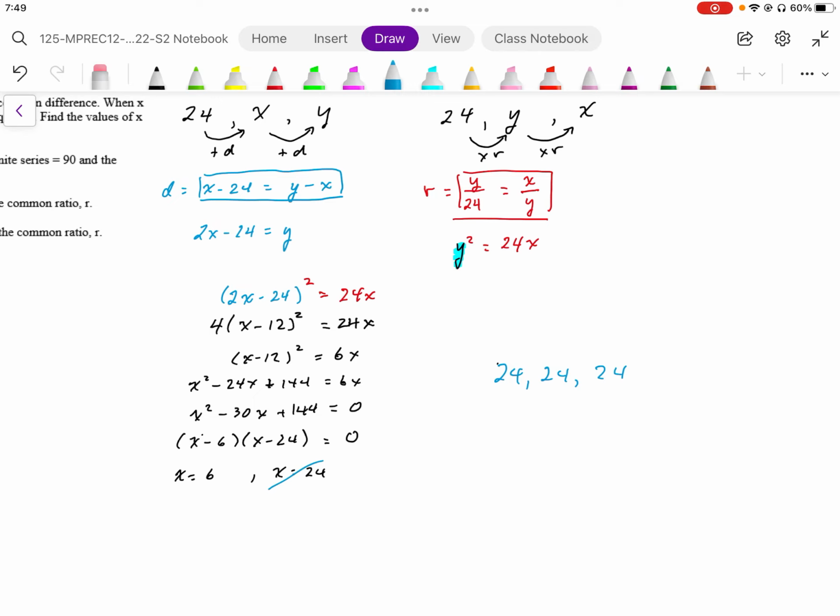So then if I try x equals 6, in the arithmetic sequence, we end up with 24, and then x is 6. Okay, that means there's a common difference of negative 18, so I'm going to subtract 18.